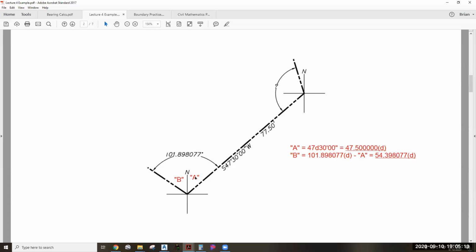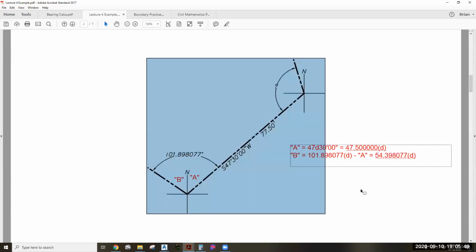That gets me A. To find B, I take that full angle minus A, which is 47.5, and that equals 54.39807 degrees. You're trying to find all of the components so that you can figure out the bearing of each line.